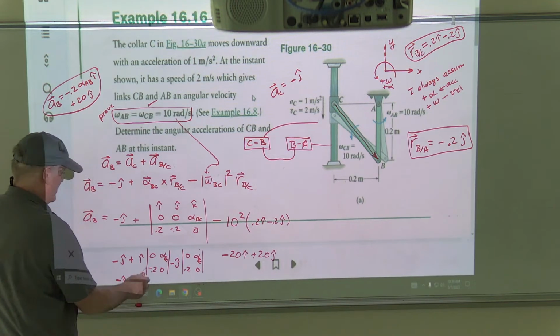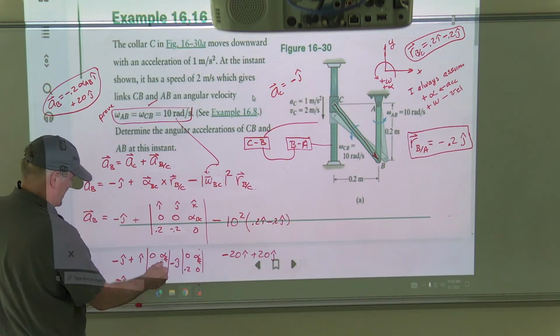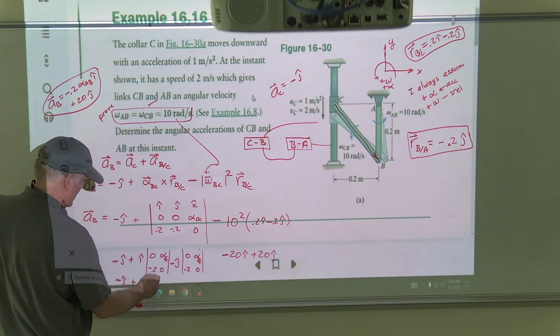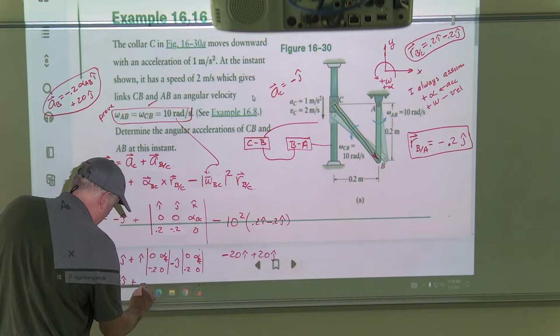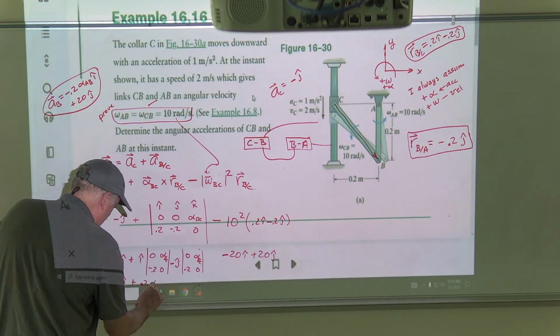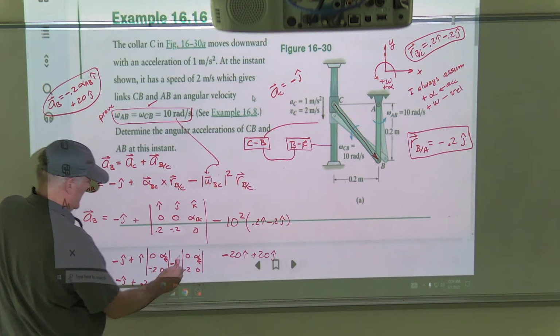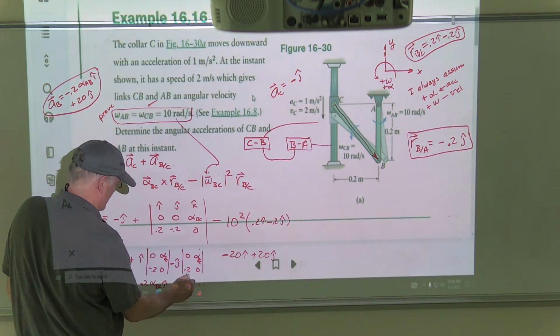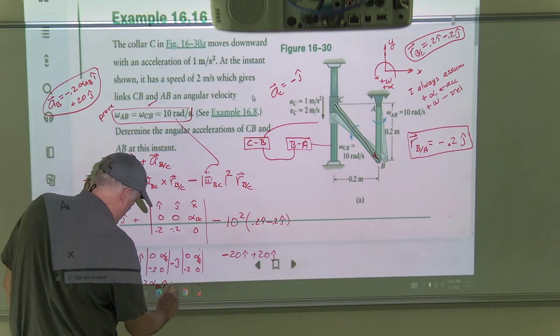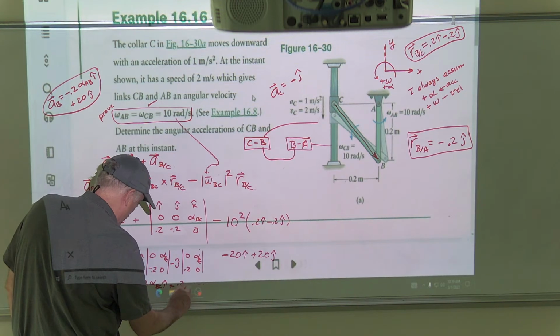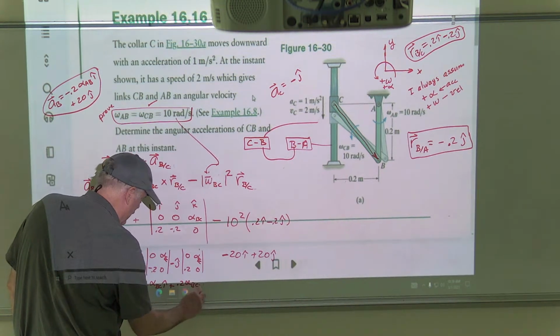And plus, okay, that times that, minus that times that. Well, there's already a minus, so you get a 0.2 alpha BC i. That and that minus that comes that, but then you have a plus here, but you get a minus there, so you get a plus 0.2 alpha BC.